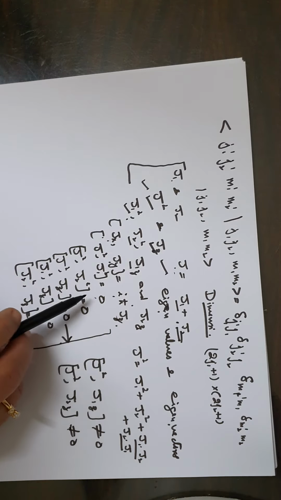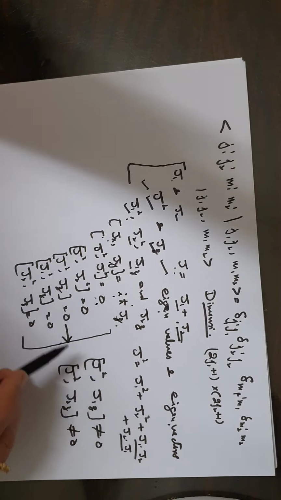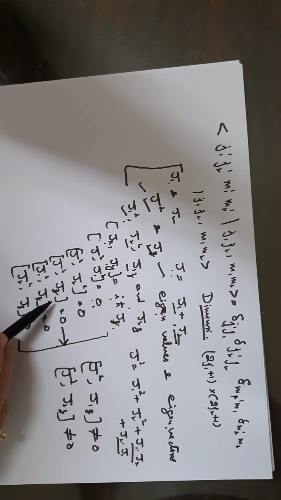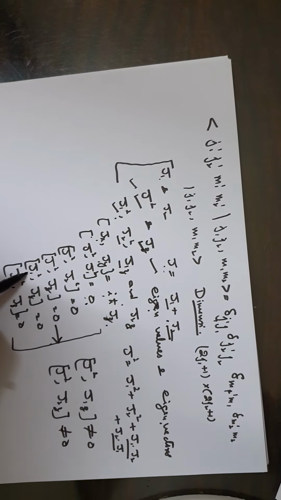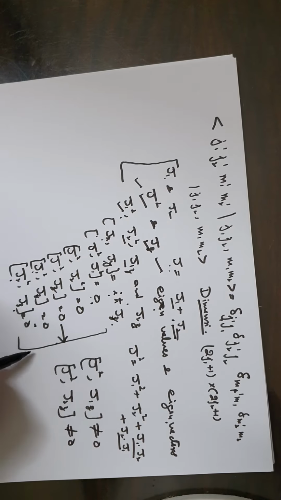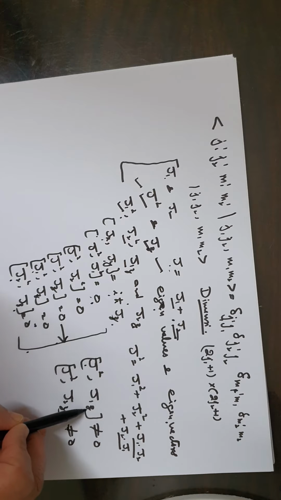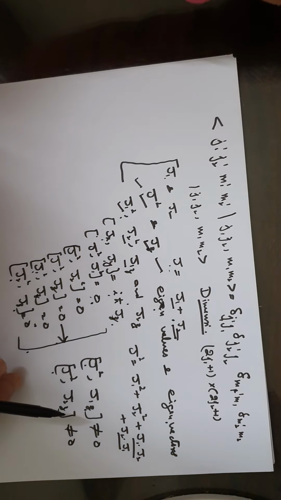J square and J1 square commutator is 0. J2 square and Jz commutator is 0. They are compatible. J1 square and Jz are compatible. J2 square and Jz are compatible. J square is not compatible with J1z. Similarly, J square is not compatible with J2z.